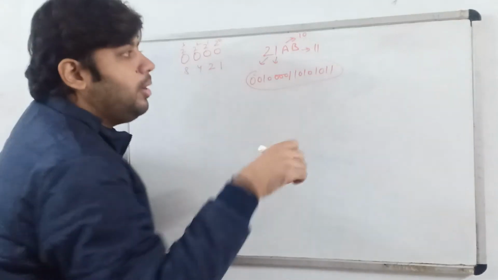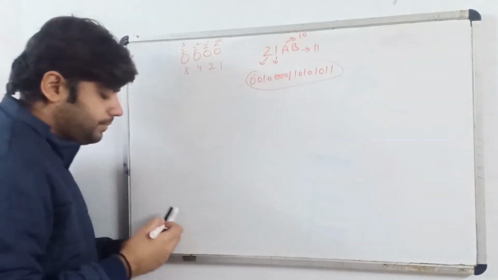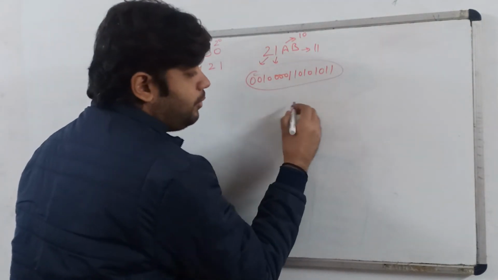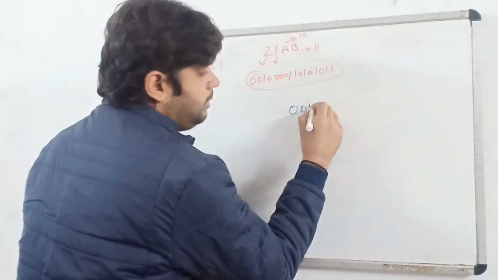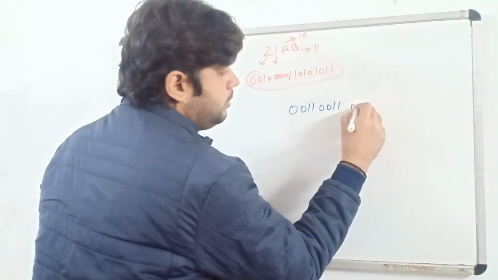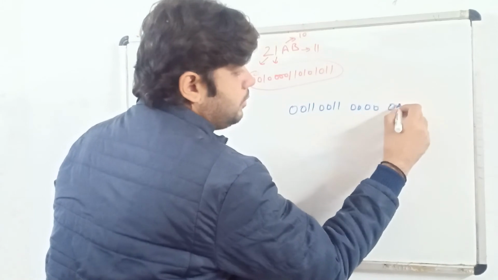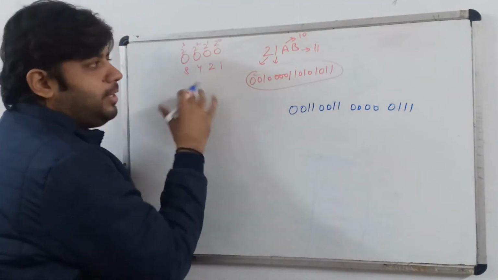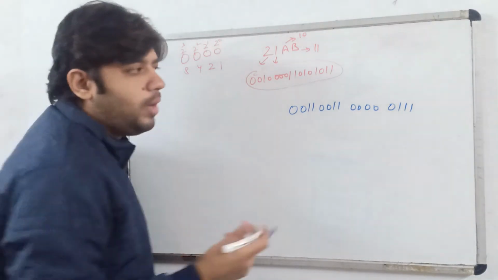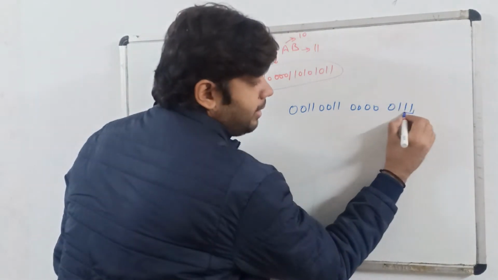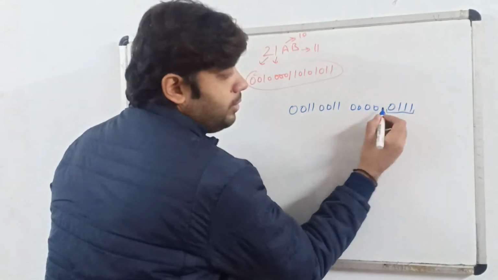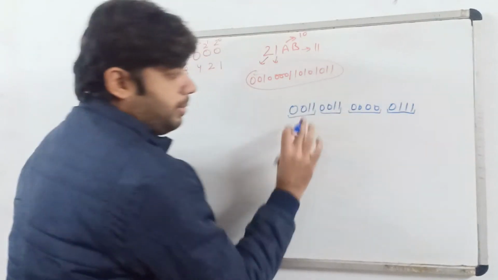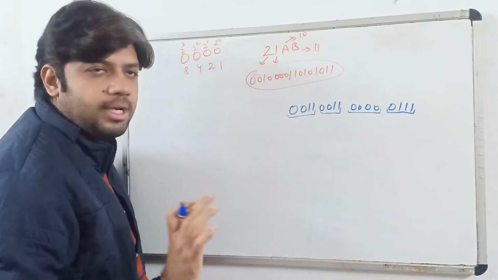Now if you do the opposite, imagine I have a value like this: 0 0 1 1 0 0 1 1 0 0 0 0 0 1 1 1. Now I need to convert it into hexadecimal format. How can we go for that? Calculate this first. Make pairs of 4 bits first.